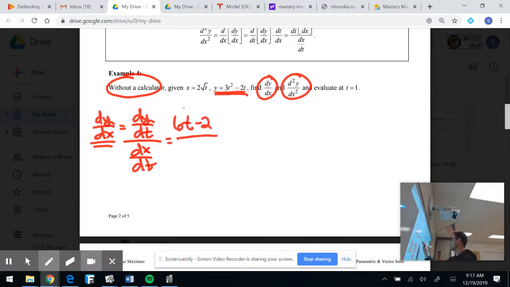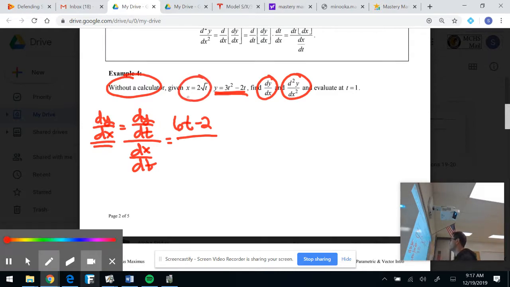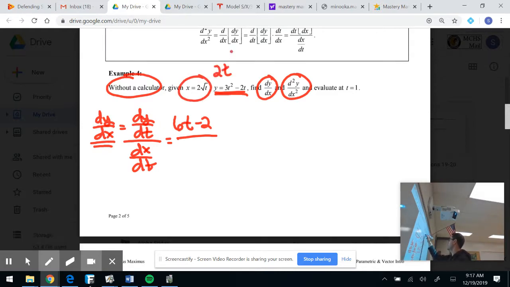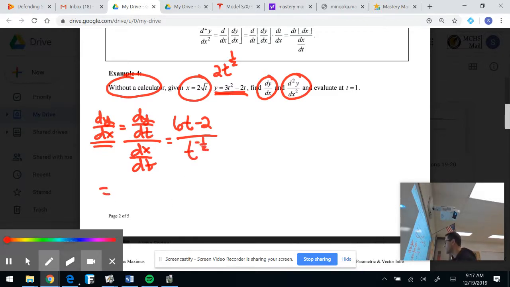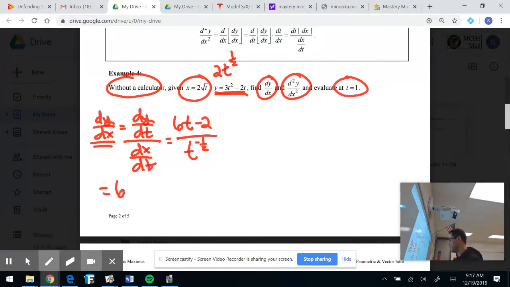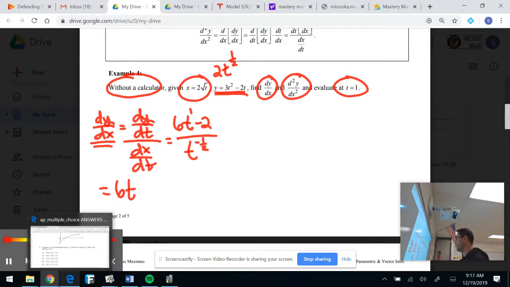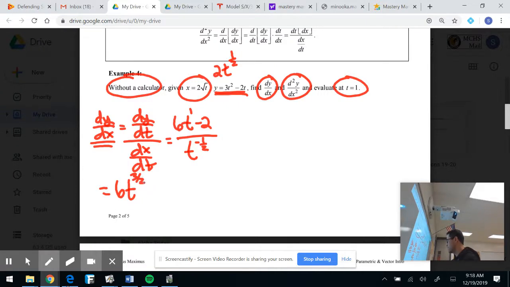Right, class? Derivative of that would be 2t to the 1/2, right? Drop that 1/2, and I just get t to the negative 1/2. Let's simplify that before we go ahead and evaluate it for t equal to 1. If I simplify that would be 6t, that'd be t to the first, and 1 minus negative 1/2 would be 3/2. And then my other one would be minus 2t to the positive 1/2.